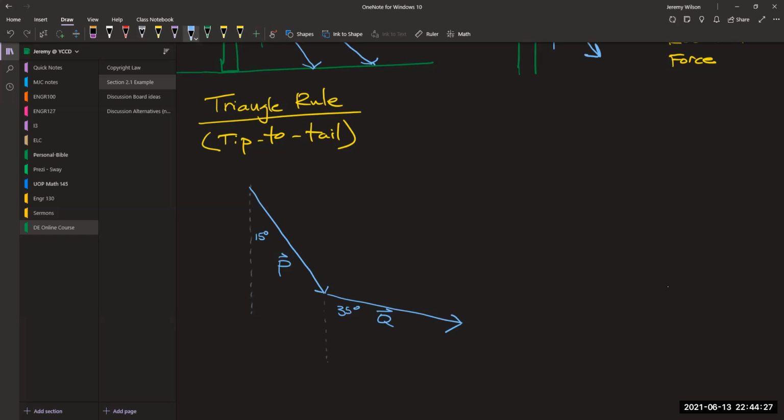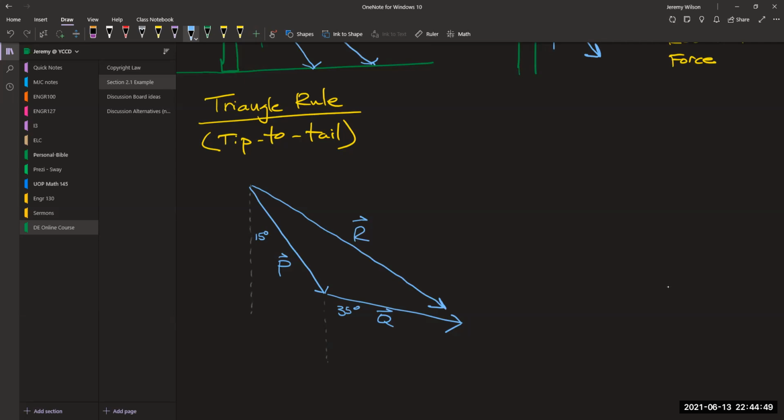Once we've done that, what is the resultant? The resultant is the length from the beginning, the very first tail, all the way to the tip of Q, and that is our resultant vector R.